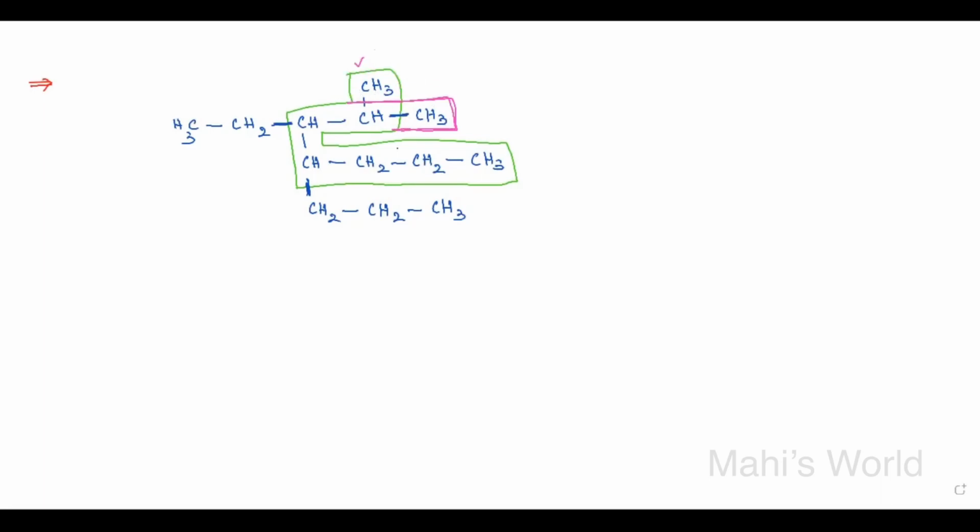Both are same. This is the parent chain. The earlier ones are not the parent chains. If this is a parent chain, it has 7 carbon atoms and of course 3 side chains or 3 substituents. The earlier ones had 7 with one side chain, 7 with 2 side chains. So we need to be logical. The one with more number of side chains is selected as the parent chain, remember. More number of side chains.